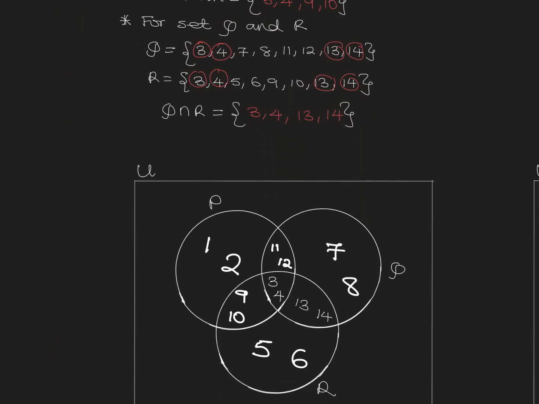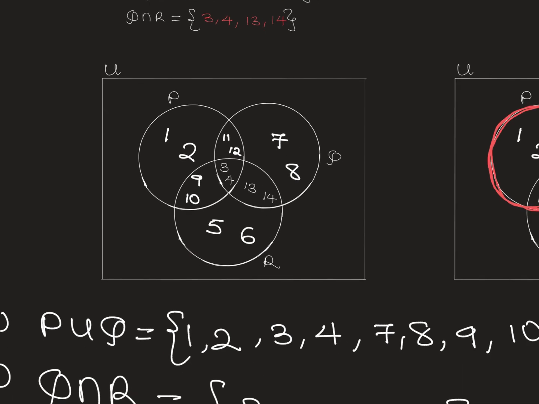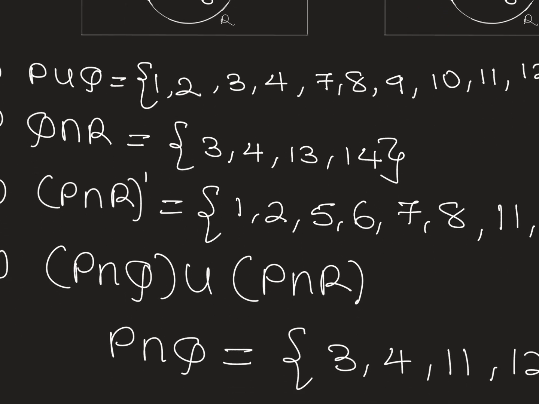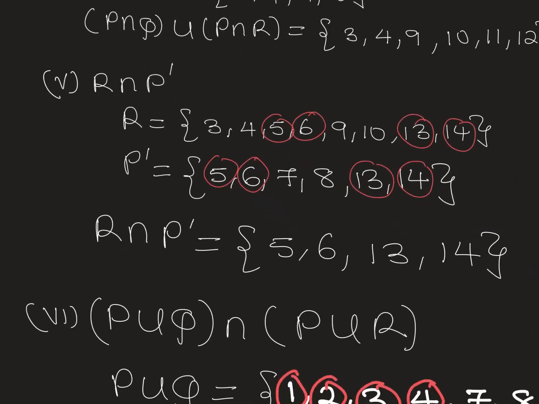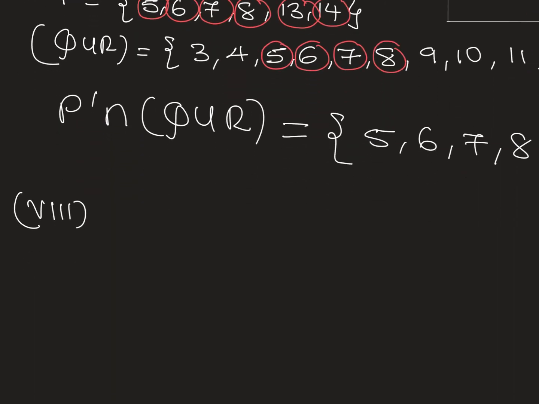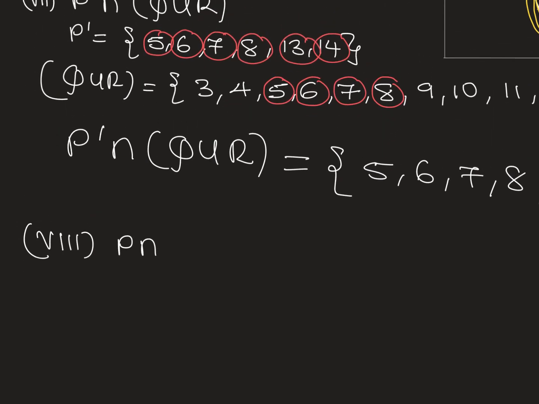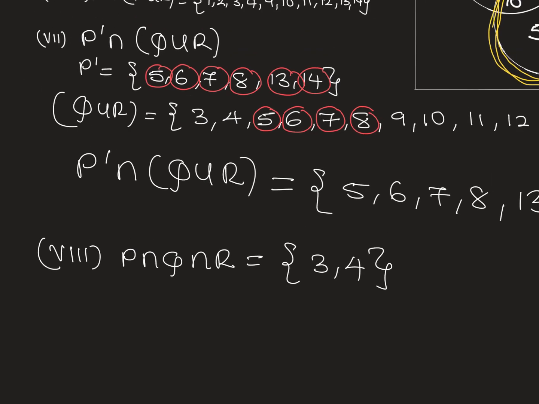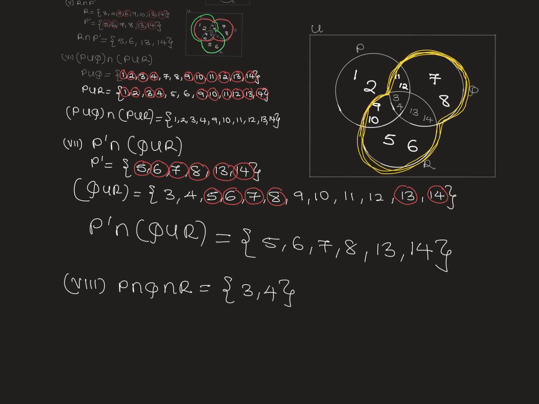From the diagram. That is here. 3 and 4. P intersection Q intersection R, we only have 3 and 4. And that answers the question.